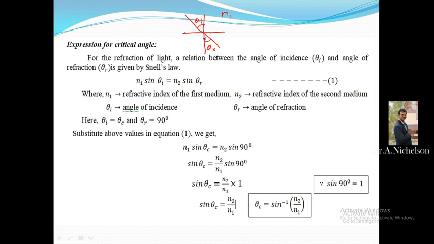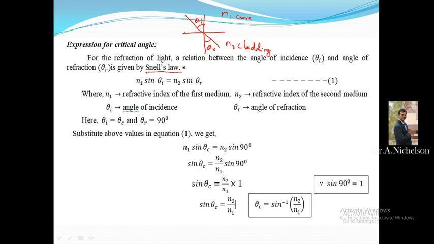So n2 is the cladding and n1 is the core. When there is a rarer medium and a denser medium, Snell's law is applicable there. When refraction occurs, Snell's law is applicable.